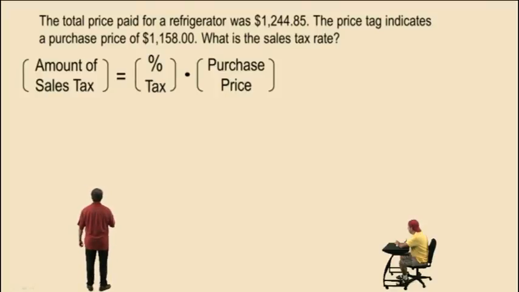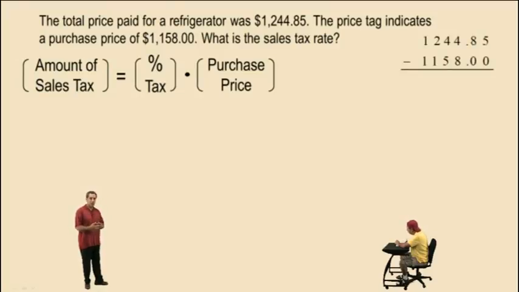Here's our equation. The amount of sales tax equals the percent tax times the purchase price. We are looking for the percent tax, so we need the purchase price and the amount of sales tax. But we are not given the amount of sales tax, but we are given the price paid at the register, and we know the price on the price tag. So if we take the difference of those two amounts, that will give us the amount of sales tax.